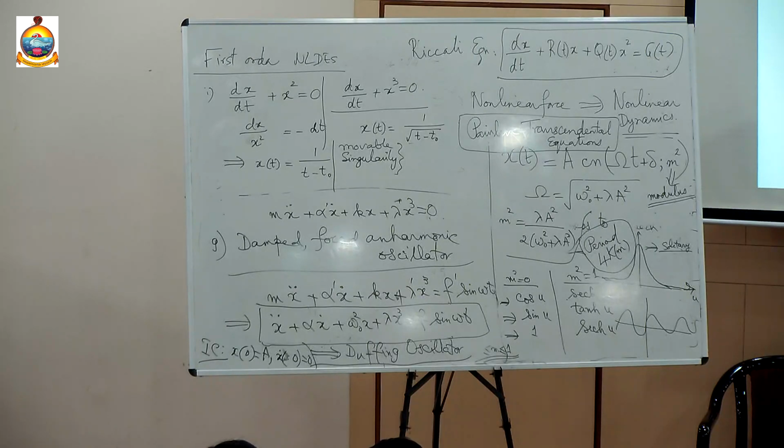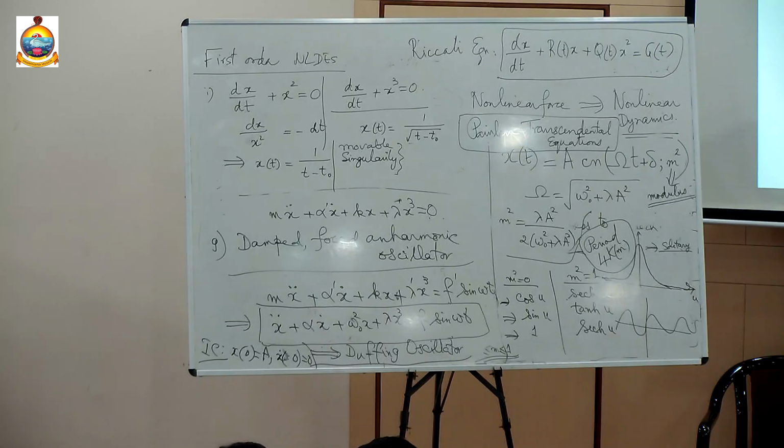But here what I try to show is how the dynamics behaves as a function of external parameters. We call them control parameters, because these parameters are in your control. You see, there are 5 parameters: the damping constant, the natural frequency, the nonlinear restoring force constant, the external forcing amplitude, and its frequency. This is a second order differential equation.